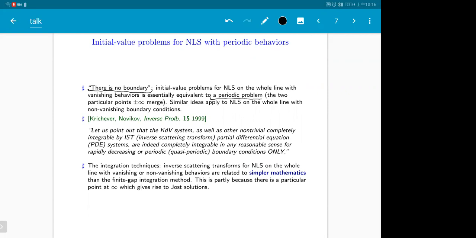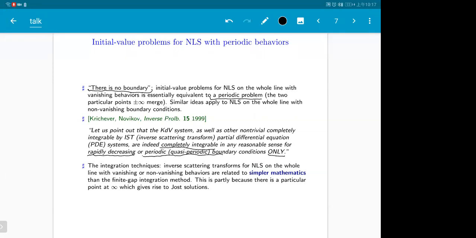This aspect is well captured by the review paper by Krichever and Novikov in 1999. They said, let's point out that the KdV system or a large class of integrable PDEs can be integrated by the inverse scattering transform. So they are indeed completely integrable in the sense of rapidly decaying behavior or periodic boundary conditions only.